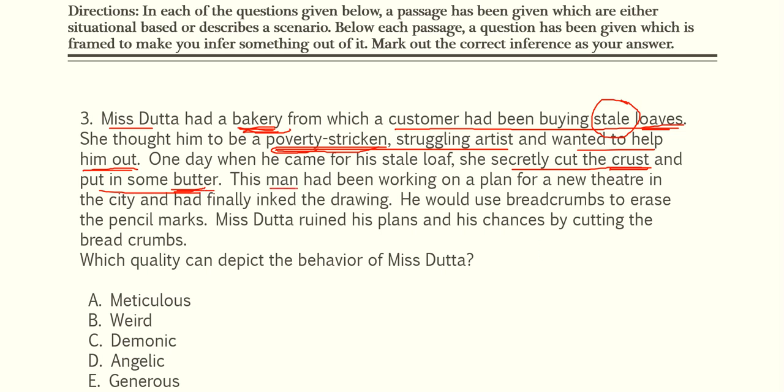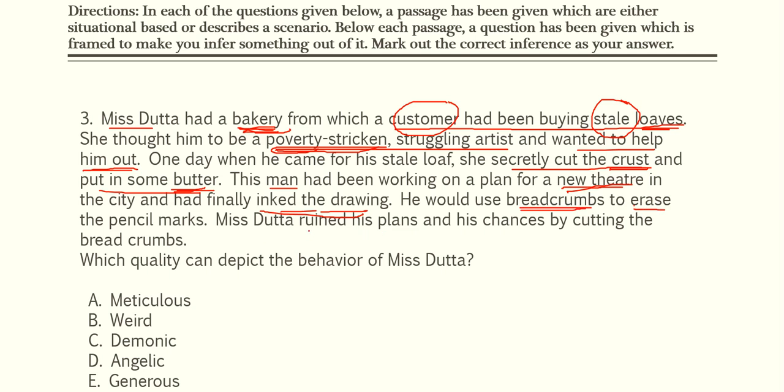But this man, this customer is being referred to as the man, had been working on a plan for a new theater in the city. एक नया थिएटर बनाने के लिए ये थोड़ा प्लान बना रहा था, okay, and finally he had inked the drawing. ड्राइंग भी कर लिया था इसने, और ब्रेड क्रम्स वो इरेजर का काम कर रहा था, fine, he had been using it as an eraser to erase the pencil marks.